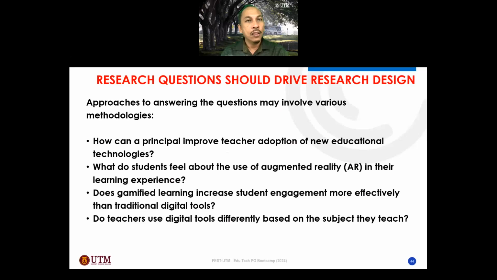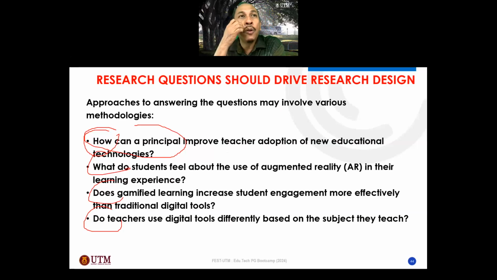So for example, with this kind of research objective, you can see the how, the what, the does, the do part. And then you can easily detect, oh, this is what type of research question. For example, this is how. How, usually we go for qualitative.